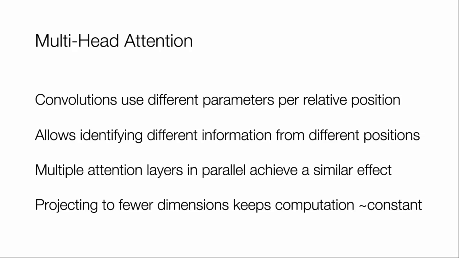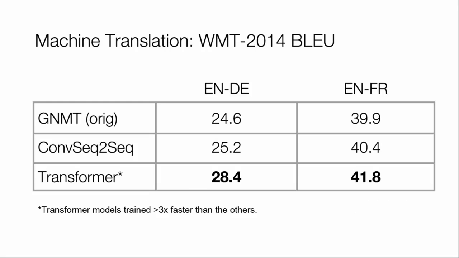You don't really know which is which. We solve this problem by having multiple attention layers in parallel with different linear transformations on the input and the output. That way, maybe in one of them, the verb attends to the subject, and in another one, the verb attends to its object. This sounds expensive, but it's actually pretty cheap because we reduce the dimensionality.